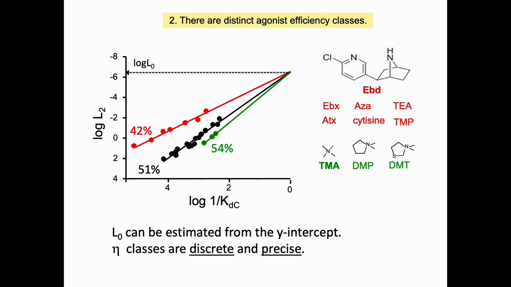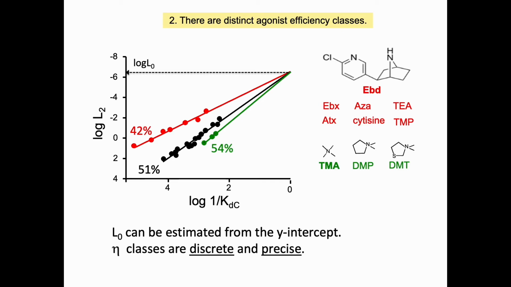All of these agonists have this bridge nitrogen, but also in this group are tetraethylammonium, which does not have a bridge nitrogen, and tetramethylphosphonium, which doesn't even have a nitrogen in there. So all of these fell along a line having a slope of 42%, and 3 agonists fell on a line that had a slope of 54%.